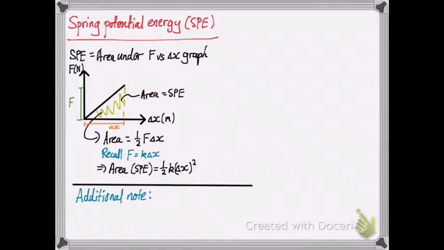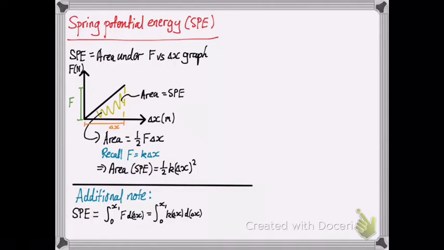Alright, so additional note. This formula just doesn't come from nowhere. For a little bit of magic, you can use a bit of integration here. And what happens is that when you integrate the force, which is a function of the change in length, and you have your upper limit as x1, lower limit as 0, first of all, you need to sub in k delta x instead of F from Hooke's law.